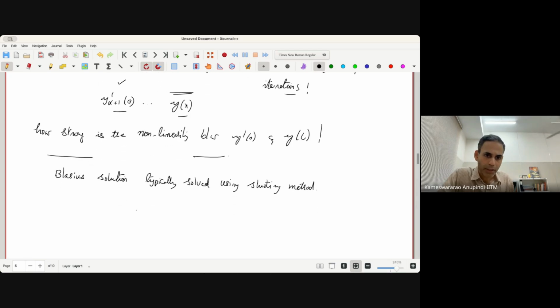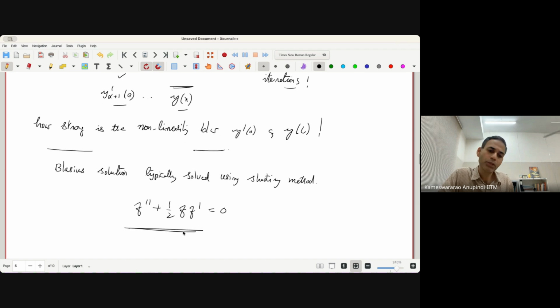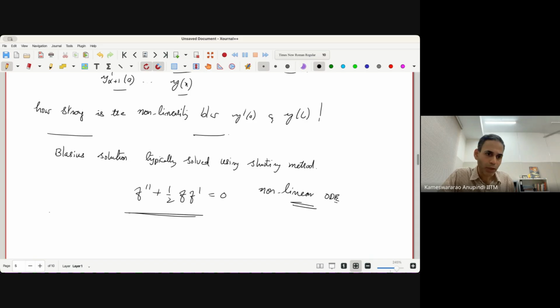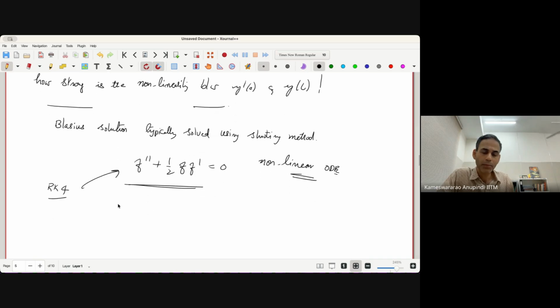So we have already written this: f double prime plus 1/2 f f prime equal to 0. Okay, so that is the equation you would get. This is basically a non-linear ordinary differential equation. So you can apply whatever your RK4, RK2 to solve this problem. Typically in this you would know the conditions for f. Essentially what is the velocity, what is u.